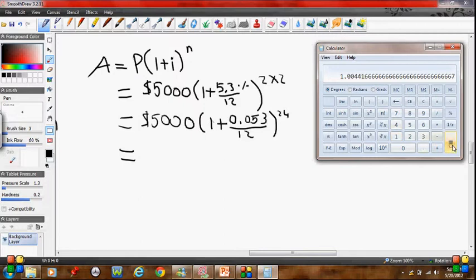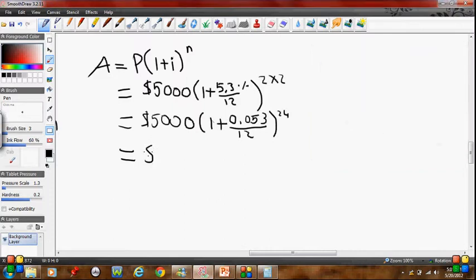And you can see here the importance of keeping things as precise values, not just as rounded decimals. To the power of 24, which is equal to that, and multiply that by 5,000. At this point, it's okay to round because you have the final value.